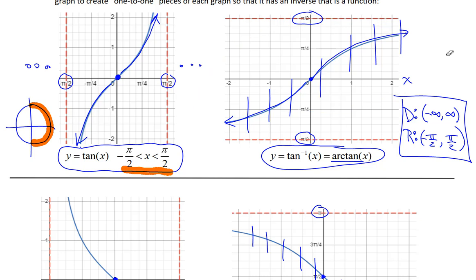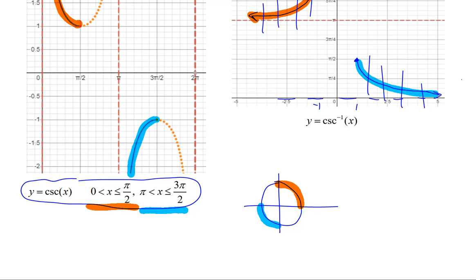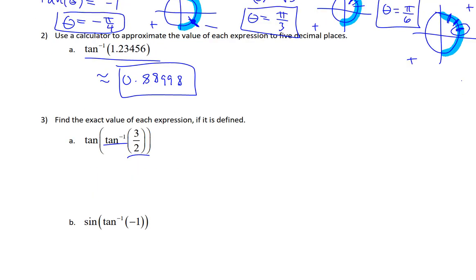You have anything you can use with no vertical asymptotes in place here on the x-axis. And so, because of that, 3 over 2 is a valid input, which means we can simply use our cancellation properties. Tangent of tangent inverse, those cancel. The result is simply what's left, 3 over 2.